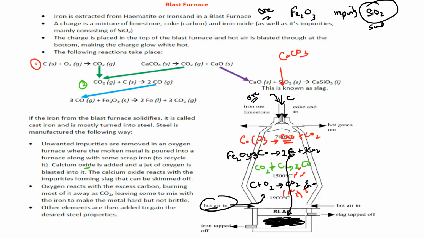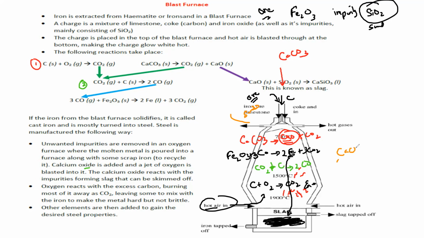This calcium oxide is a basic oxide. This calcium oxide reacts with the sand which is already present with the ore, because the ore contains sand as well. So this calcium oxide reacts with silicon oxide, or sand.